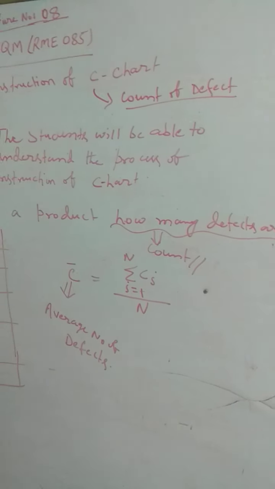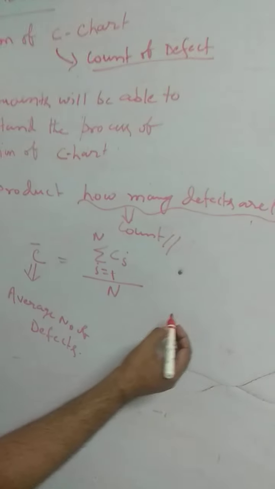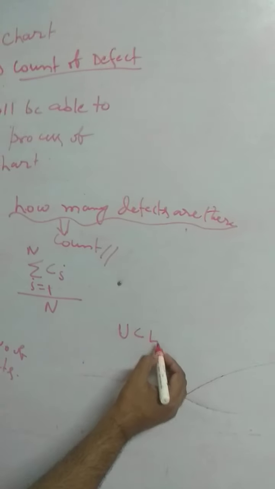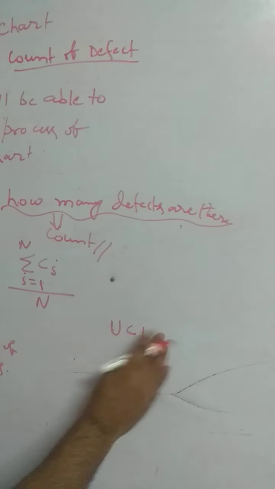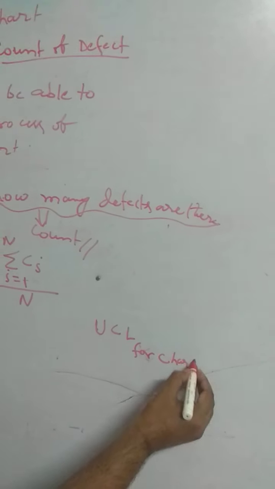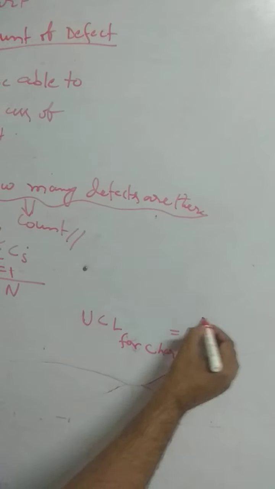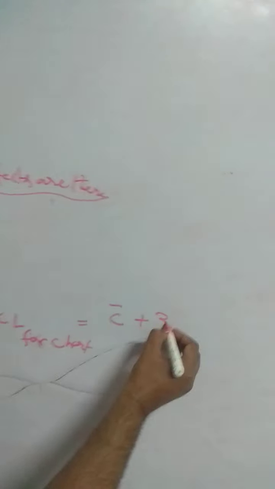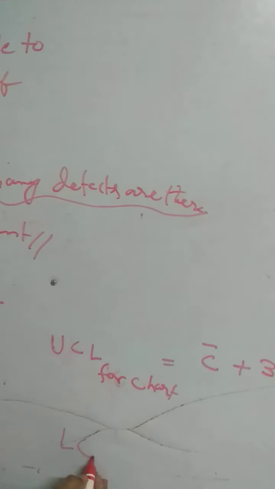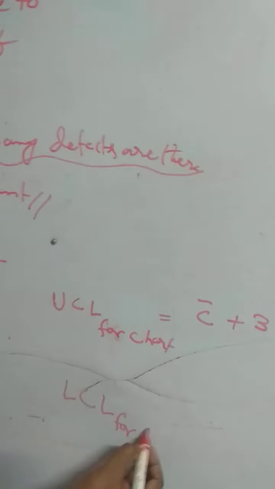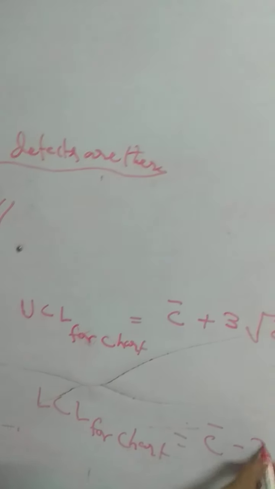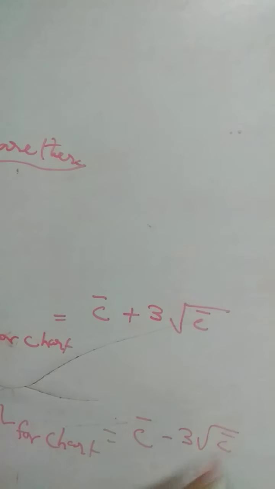After computing C bar, we can compute the UCL for the C chart as C bar plus 3 under root C bar, and the LCL for the C chart as C bar minus 3 under root C bar.